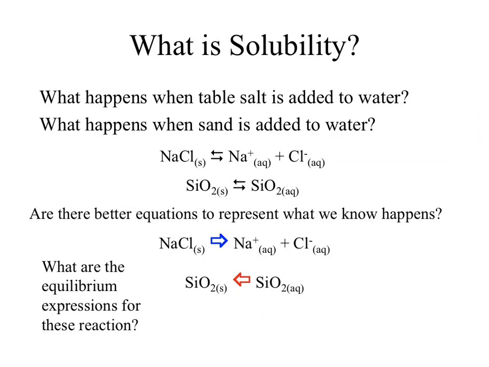It means our product concentrations are huge, and we get a massive equilibrium constant. What about the equilibrium constant for sand? Darn close to 0, because sand doesn't dissolve in water. So what we're evaluating is those relationships, and now bringing our equilibrium constant expression idea into these. That's our goal behind solubility.